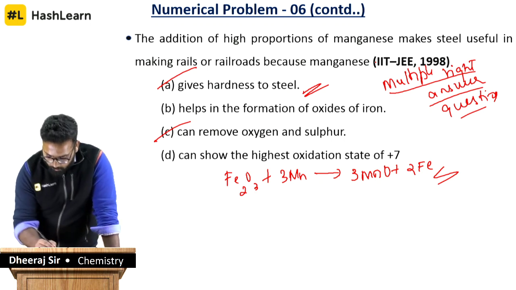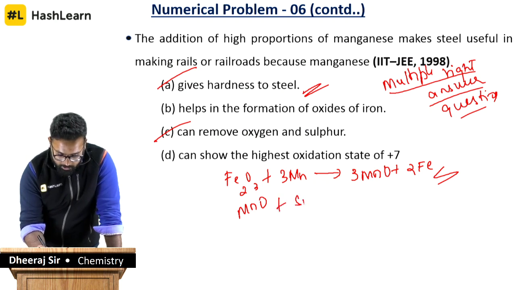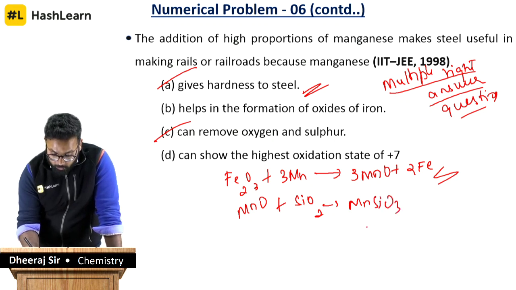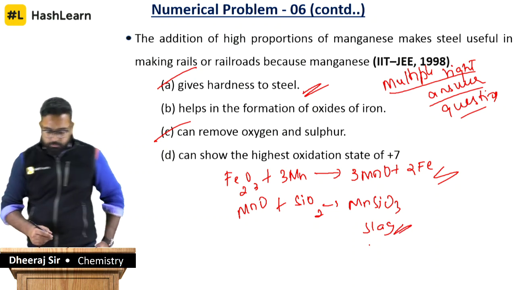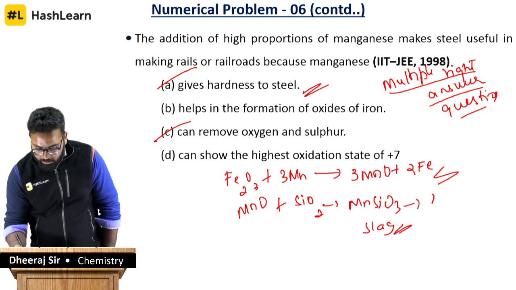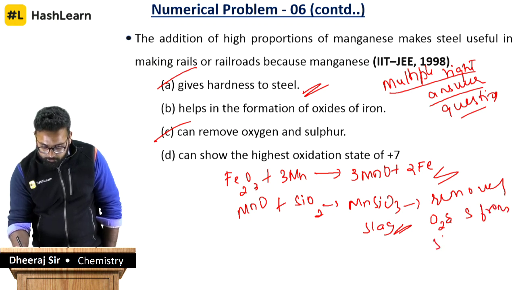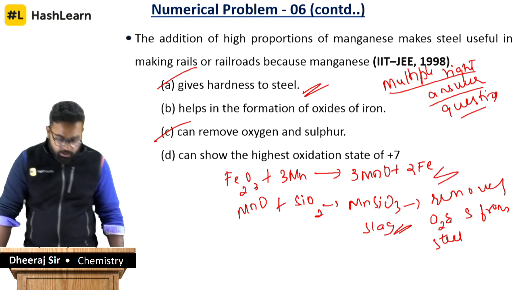The second is MnO plus SiO2 forms MnSiO3. This forms slag. This reaction removes oxygen and sulfur from steel. So the first option is it gives hardness.